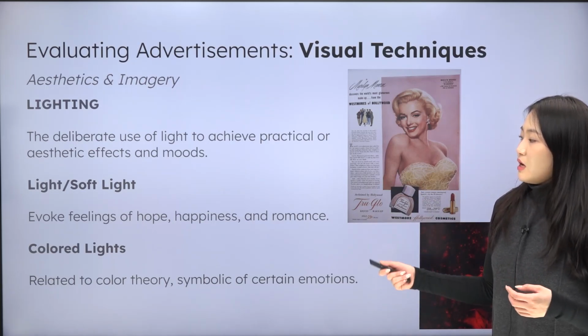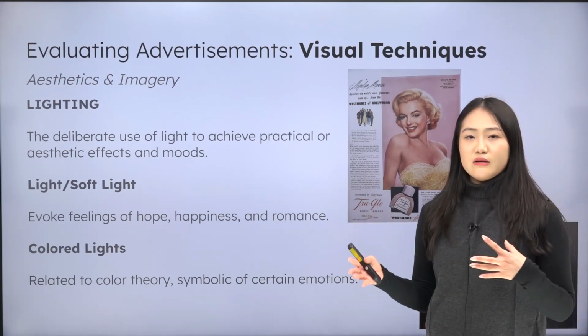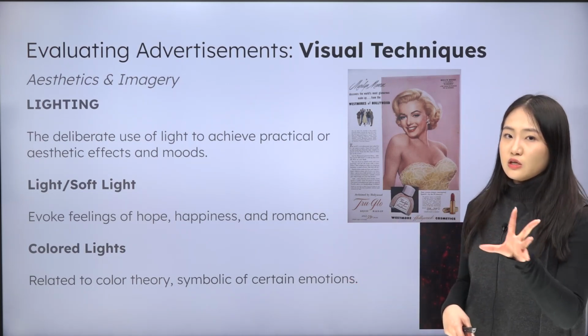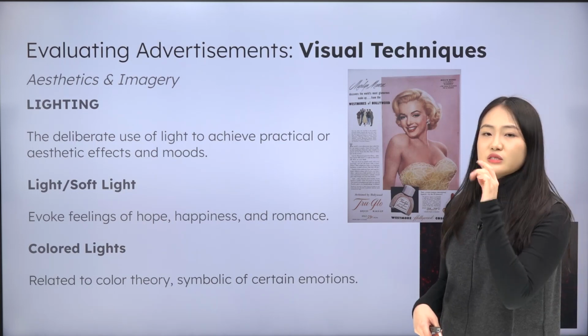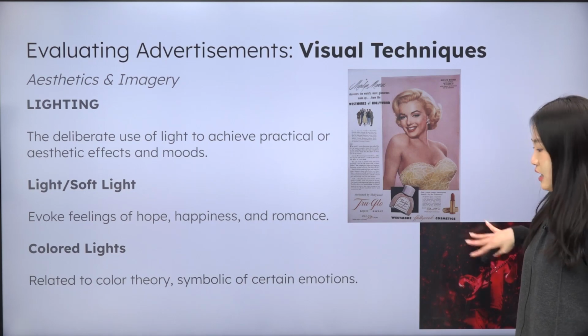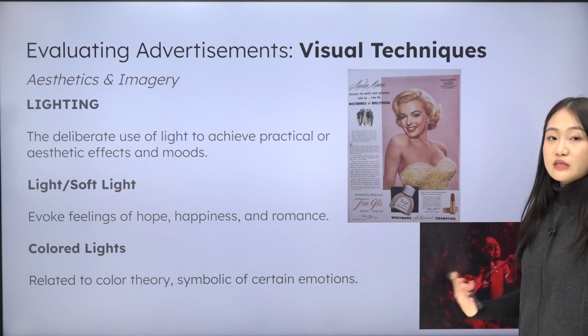Colored lights kind of go hand in hand with color theory. Any colored lights are usually used in a very dramatic way, where, for example, if you see this image here, it is a man that is covered in red lighting.